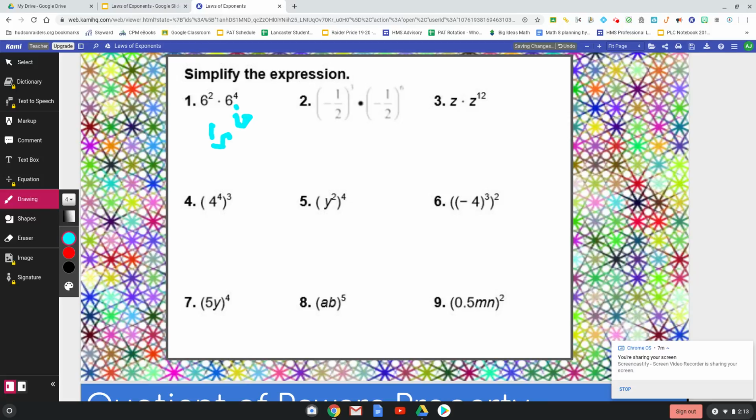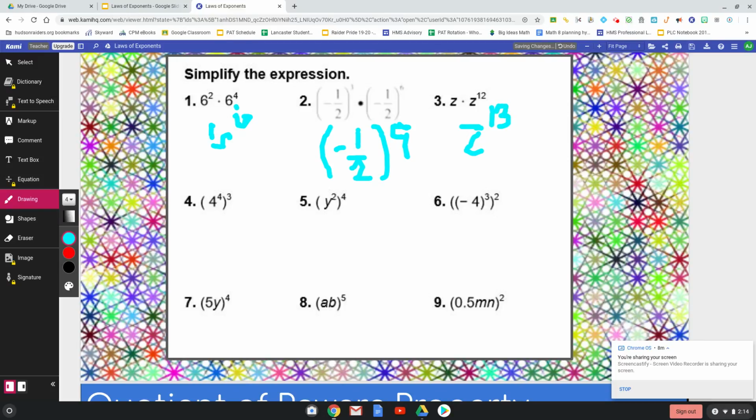Number 2 is going to be negative 1/2, and then that's to the 3rd power and to the 6th power. 3 plus 6 is 9. And then number 3 says z to the 1st power. And remember, there's an understood 1 there. Times z to the 12th power. 1 plus 12 would be z to the 13th power.